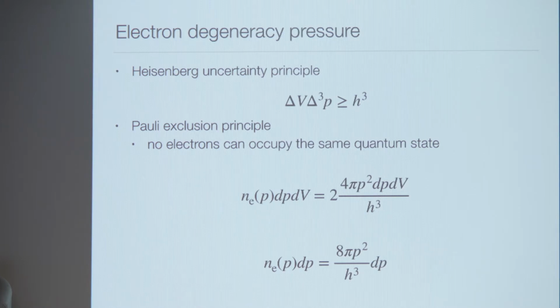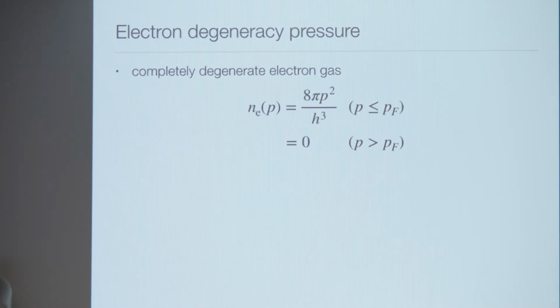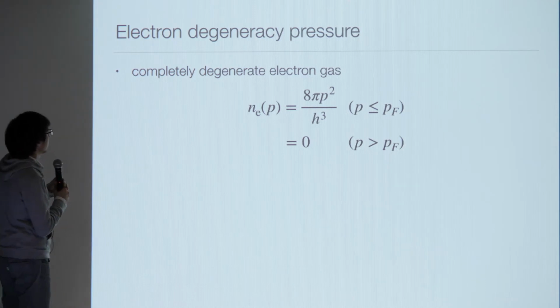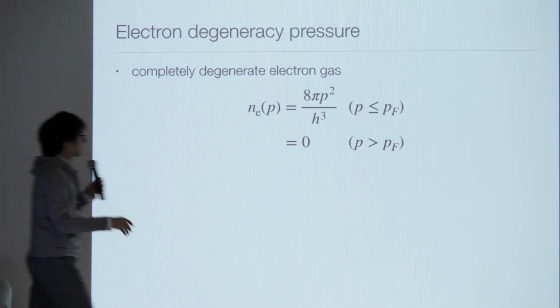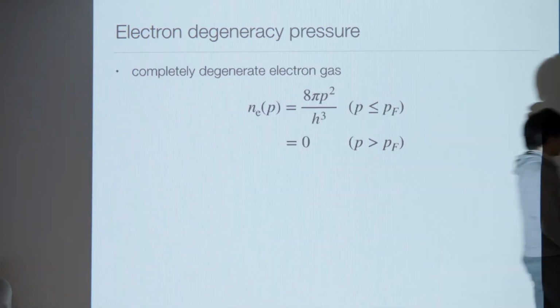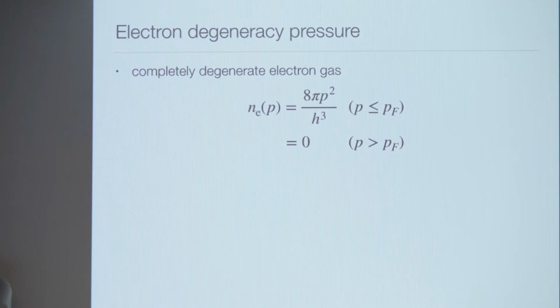And let's say there's some amount of electrons, and then we can imagine you put the electrons from the lower level.